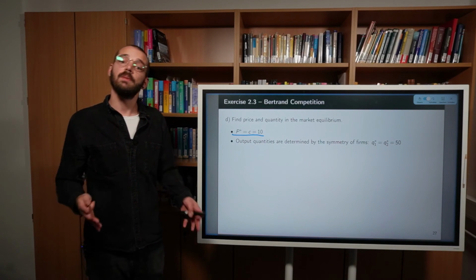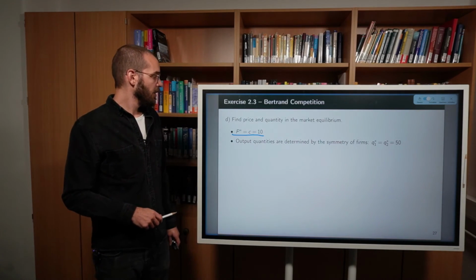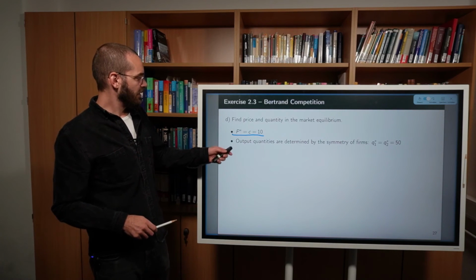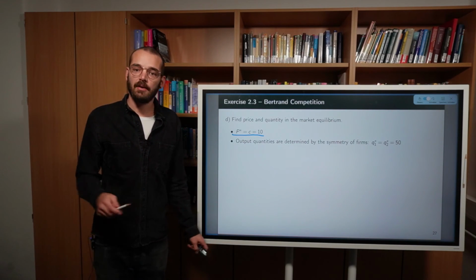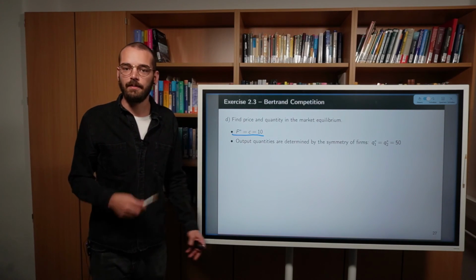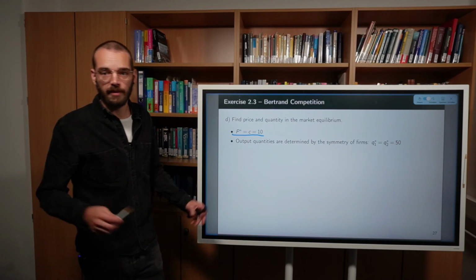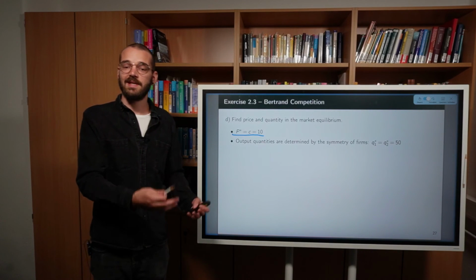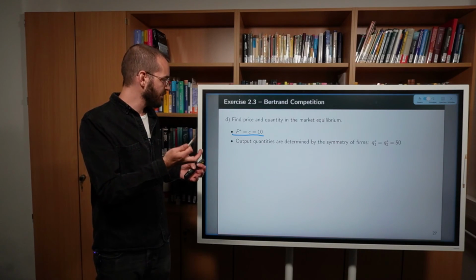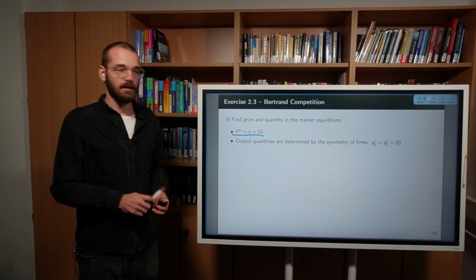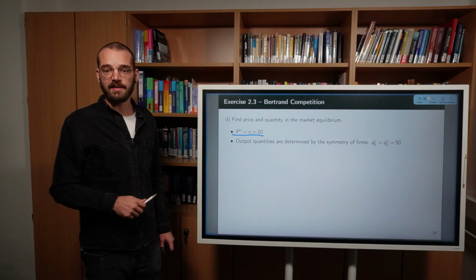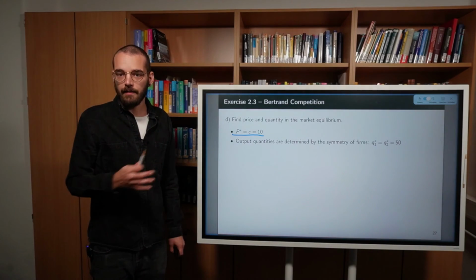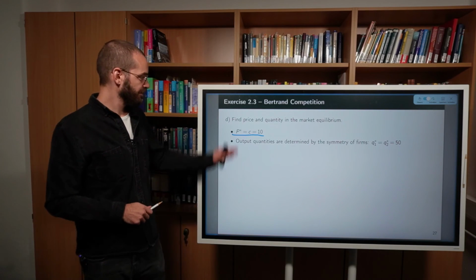Okay, so the market equilibrium price is 10. Knowing the market equilibrium price, we can of course calculate the total quantity demanded and sold in the market, because we know the demand function, which was 110 minus price. If the price is 10, then of course the total demand in market equilibrium is 100.